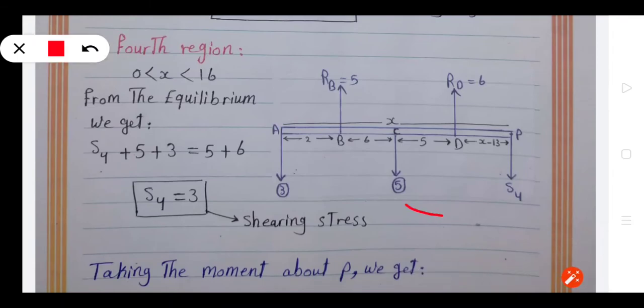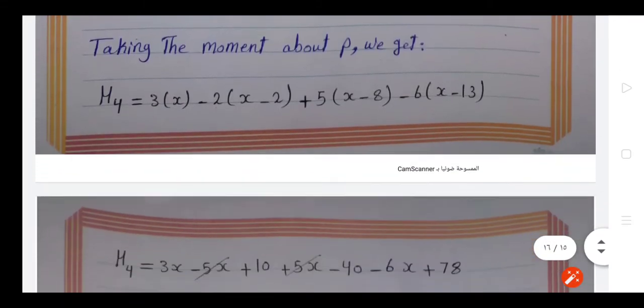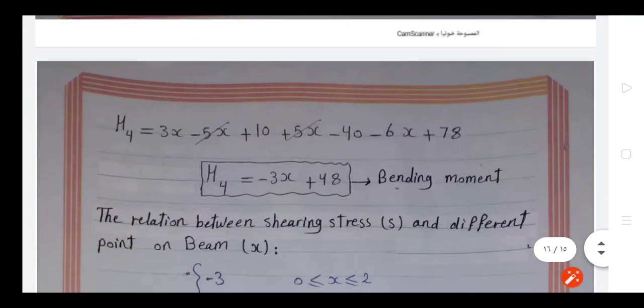5 is anti-clockwise, then it equal 5 times x minus 8, and 3 is anti-clockwise, that means that equals 3 times x, and RG is clockwise, that's negative 6 times x minus 13, and RB equal 5 is clockwise, that's negative 5 times x minus 2, and we will write it in simplest form to find M4.